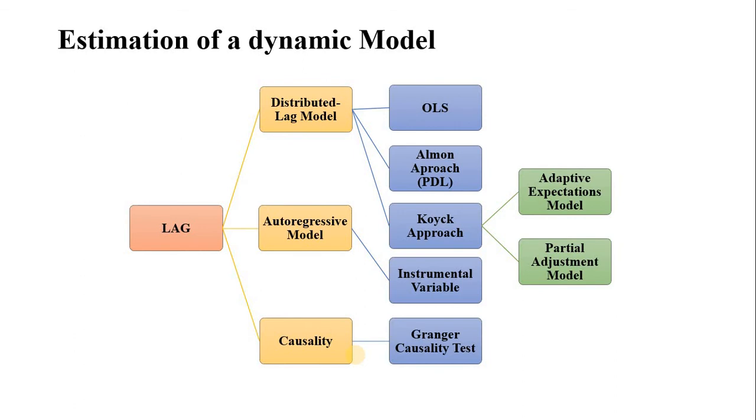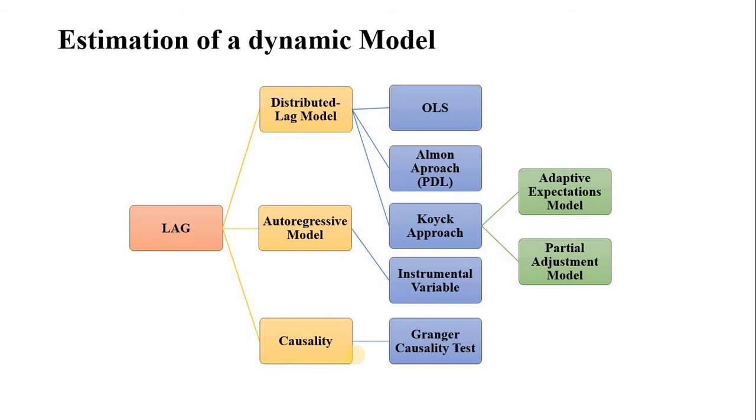For that we use the Granger causality test. This test is not to estimate parameters, but to check whether one variable is leading the other variable, or the other variable is leading this variable.